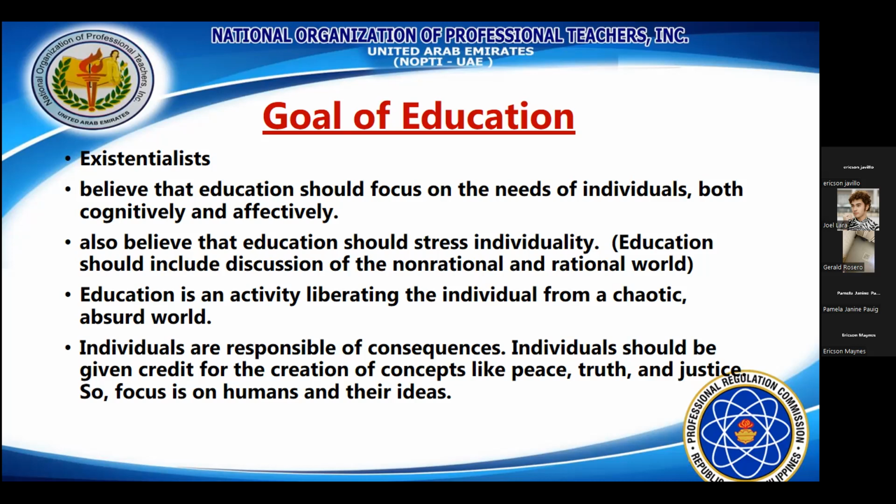The essence of life, the essence of existence is gained or attained through the challenges of your life along the way, along the journey. Individuals are responsible of consequences. So kanya-kanya yan. Kung paano mo lalabanan yung mga challenges sa buhay mo, kung paano mo lalabanan ay dahil sa mga natututunan mo sa buhay.